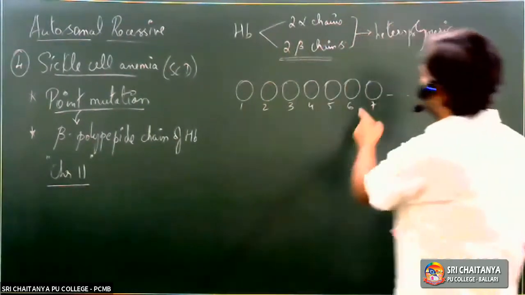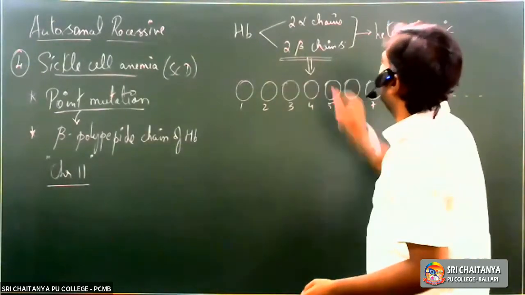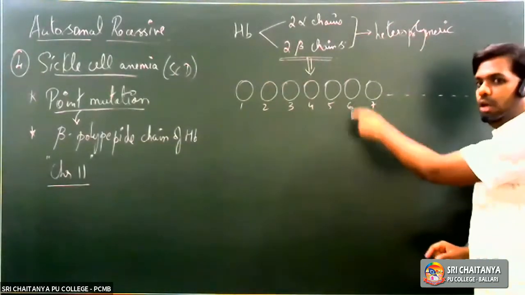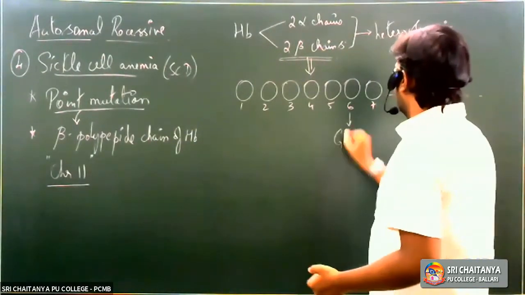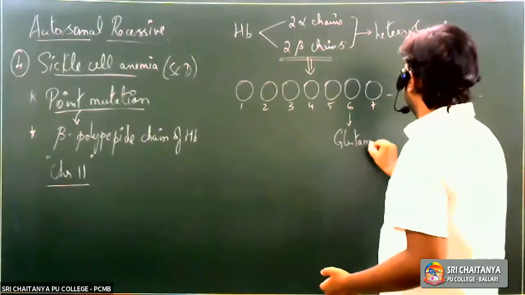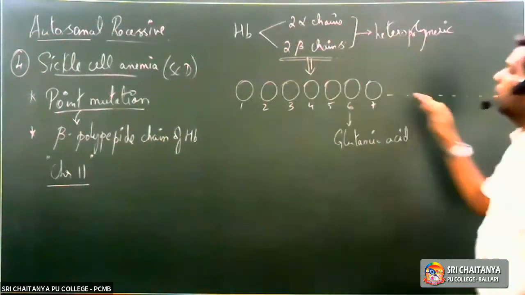The 6th amino acid, which is a part of the beta polypeptide chain, usually codes for an amino acid called glutamic acid. This is in normal condition.